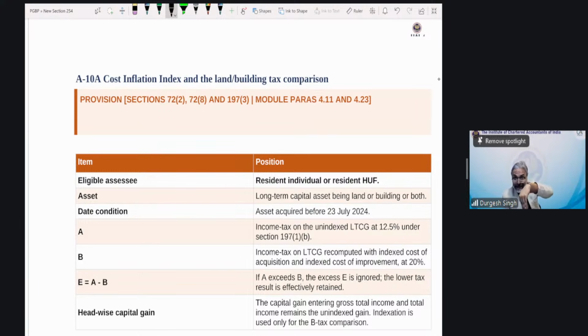Or with indexation, applying CII and having the inflated cost, reducing that inflated cost, whatever is the capital gains, that capital gains will be at 20%. And then you will see whichever is lower, that lower is the tax liability. So this is what it is, students, in this regard. I hope that all of you are clear with this one.